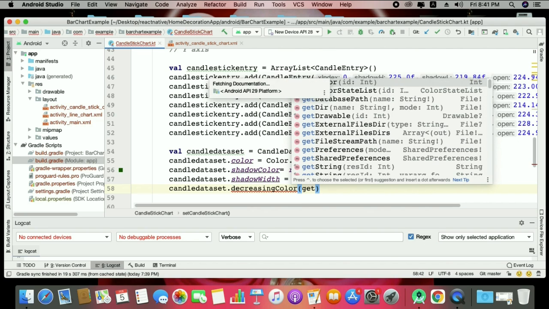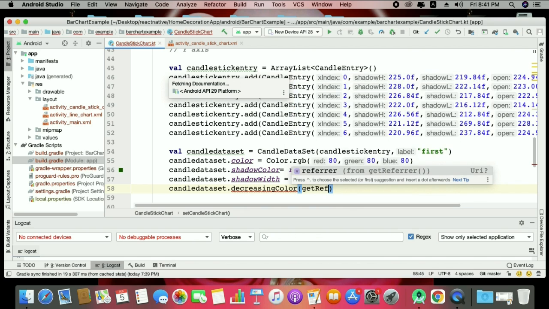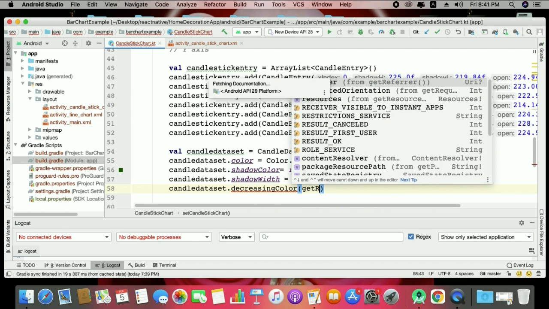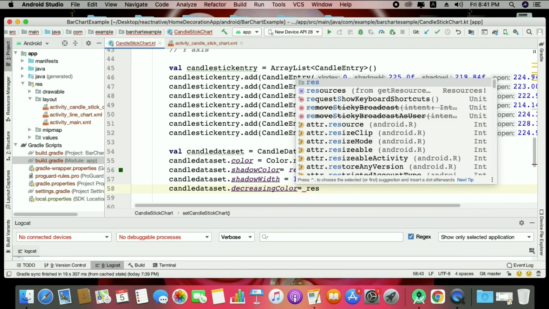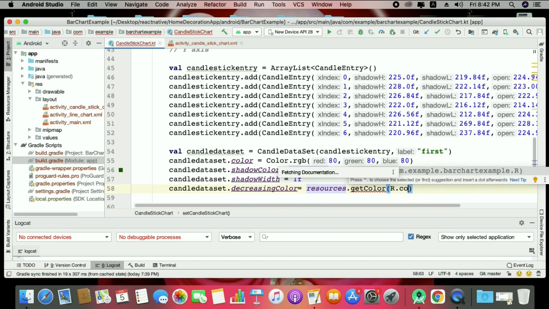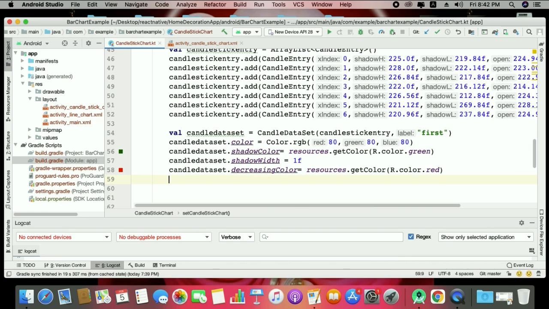So we use get resources, let me check, resources dot get color dot color dot red. So that's your decreasing color.